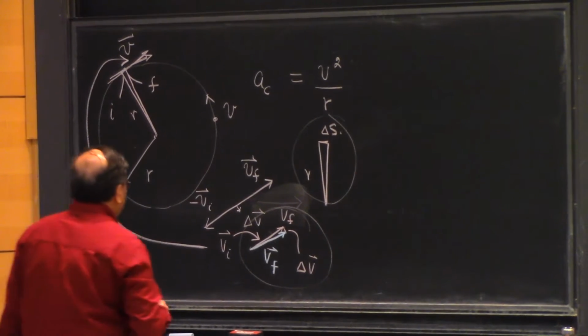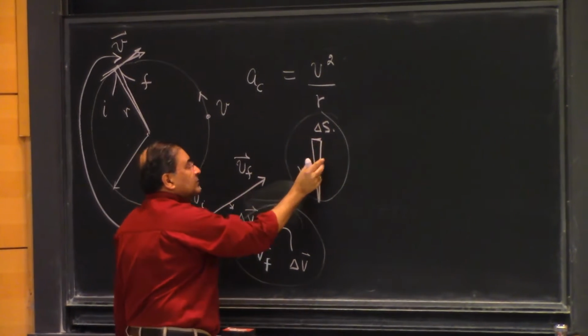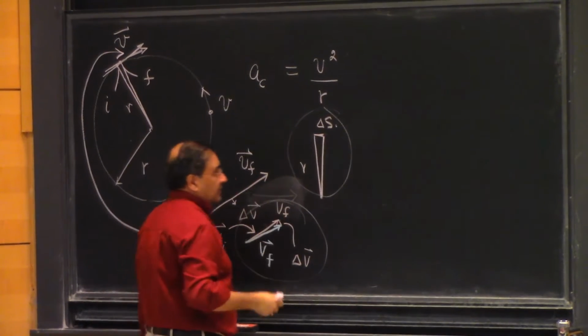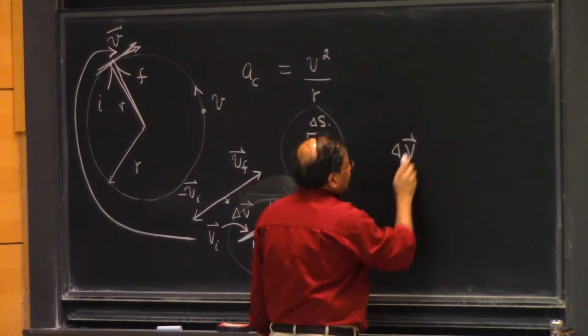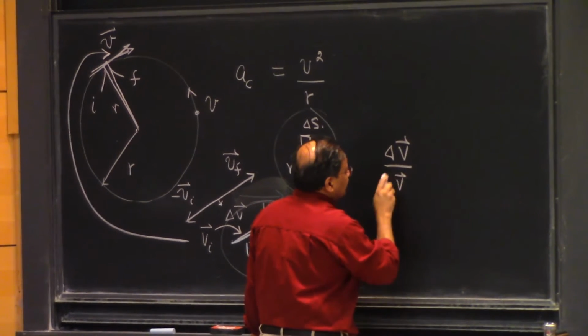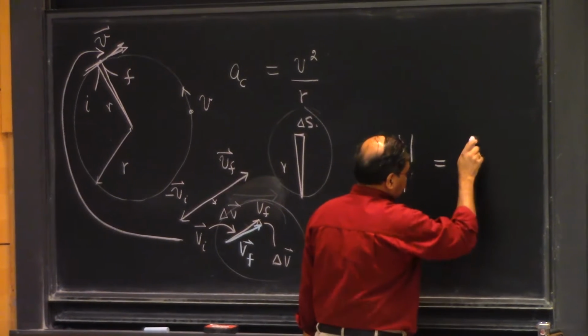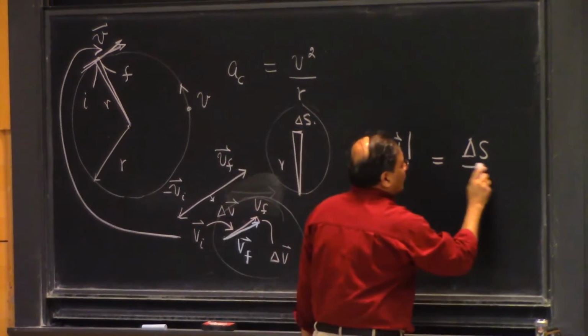They have the exact same properties, and the properties basically are that these two are very close, and this is almost at 90 degrees. Of course, it can't be 90 degrees, but it's very close to it. So one therefore can write delta V over V, the magnitude, is equal to delta S over R.